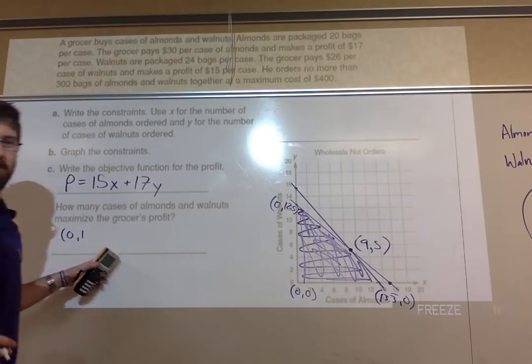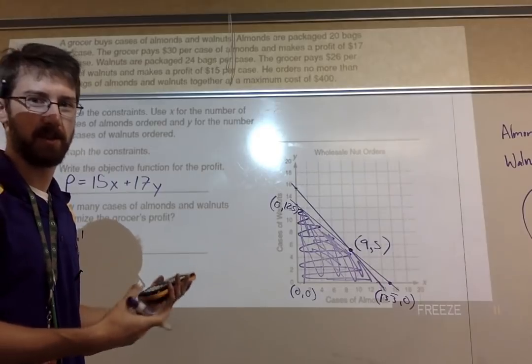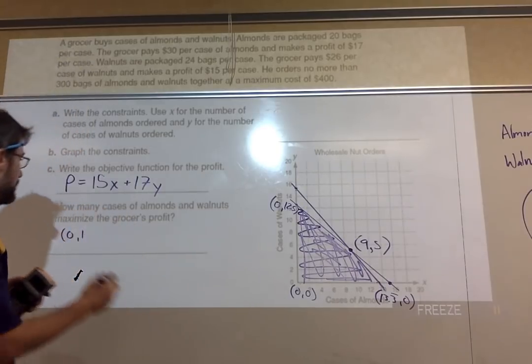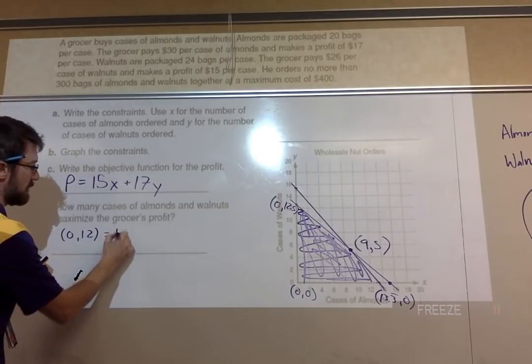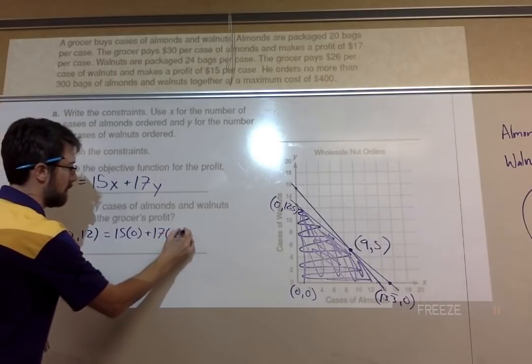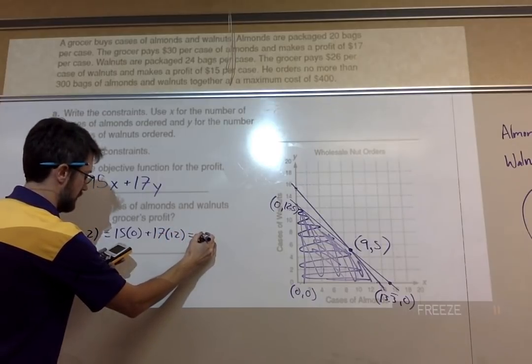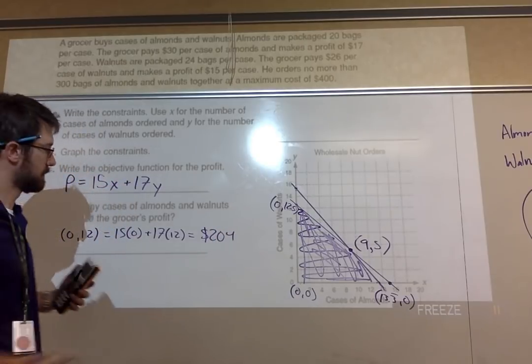Now, I can't buy 12.5 cases. I can buy 12, though, so I'm going to go with the closest one without going over. So 0, 12. That's going to be 15 times 0 plus 17 times 12, which is $204 in profit.